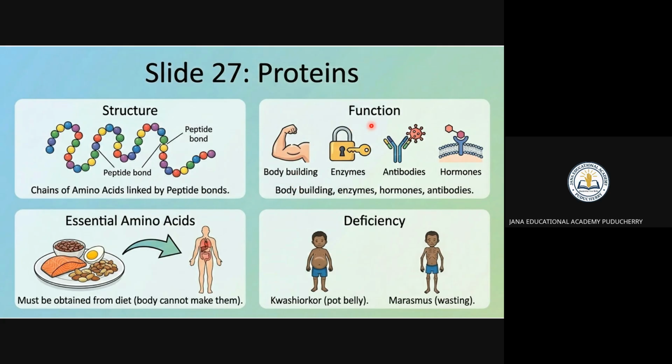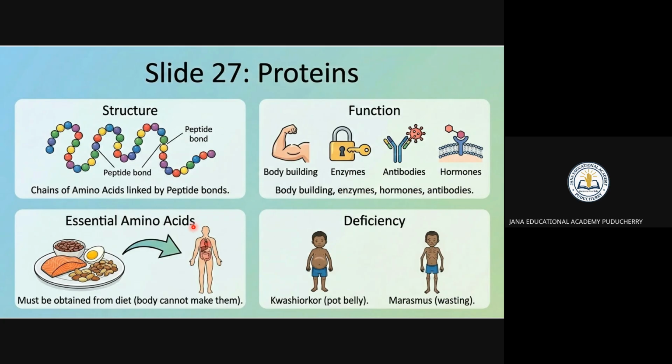So the main function is bodybuilding, and it is creating antibodies. Antibody means immunity, right? You are going to fight against infection. Then hormones and the enzymes, right? These are the functions of the proteins. What proteins do is bodybuilding, enzymes, hormone development, and antibodies.